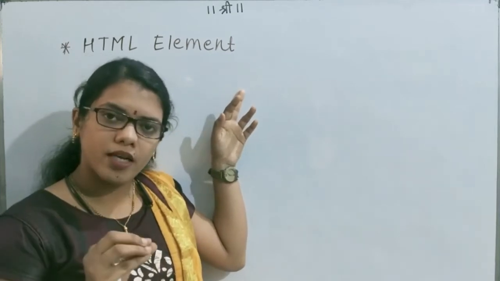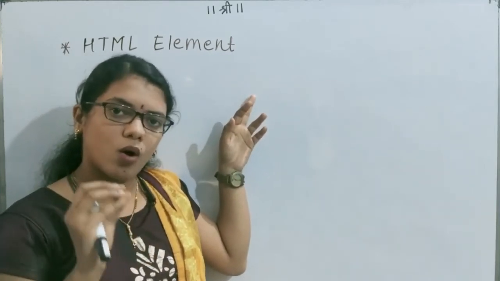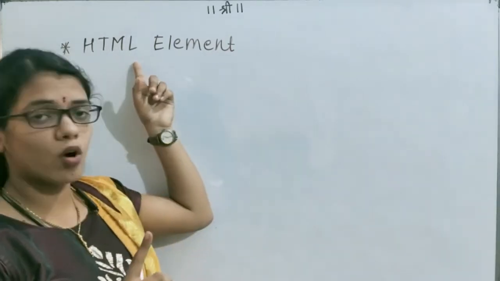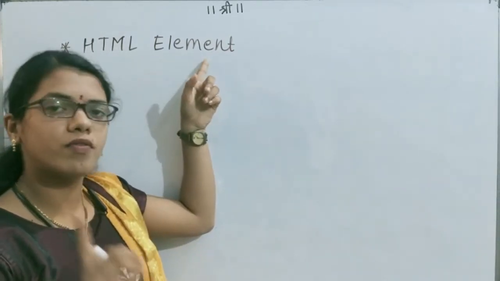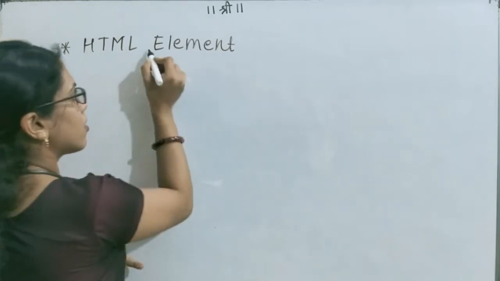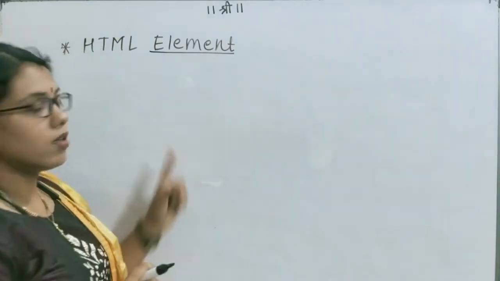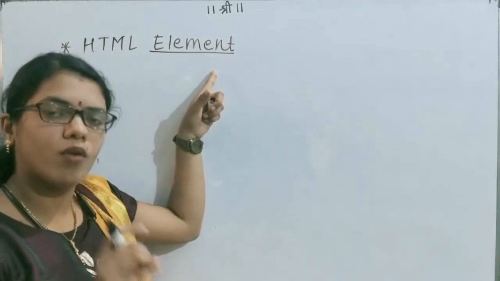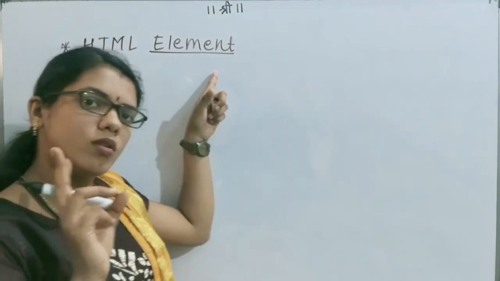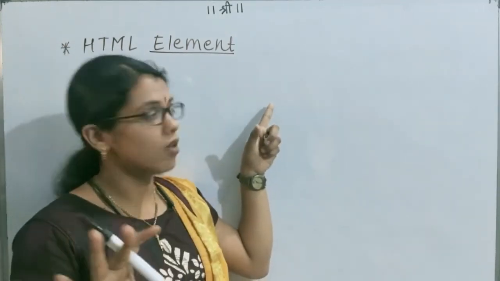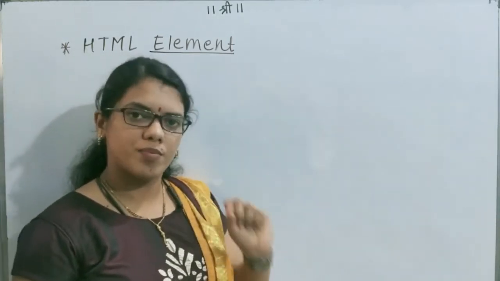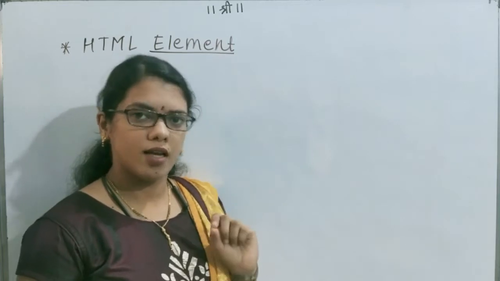So website content is all the information, and all that information means what? Element, content of website. HTML element means content of website. In only 2 words, the concept is over. What is HTML element? Content of website means HTML element.